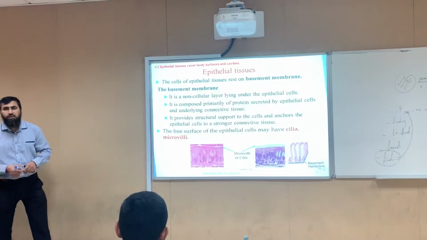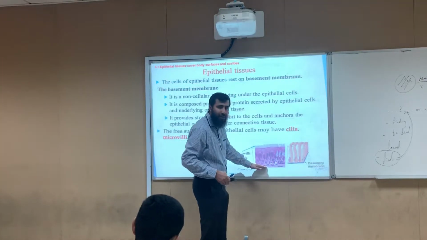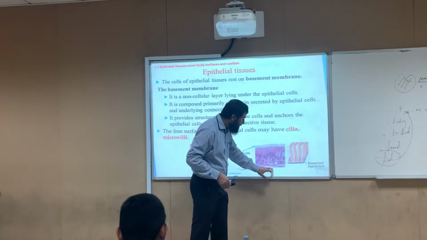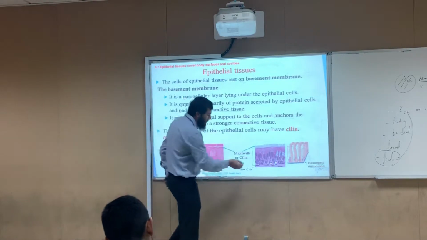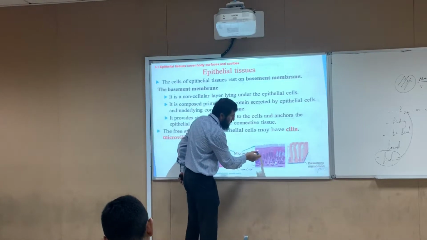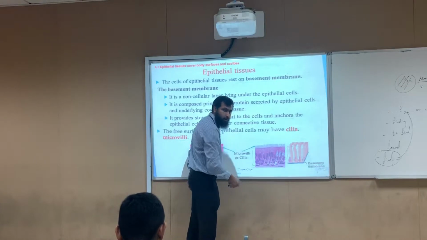Doctor, underlying means underneath it? Underneath it. Okay. So underneath the epithelial tissue is what? Connective tissue. So the basement membrane connects the epithelial tissue to the underlying connective tissue.